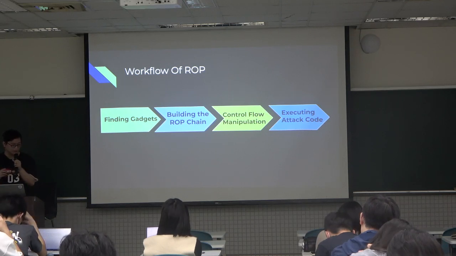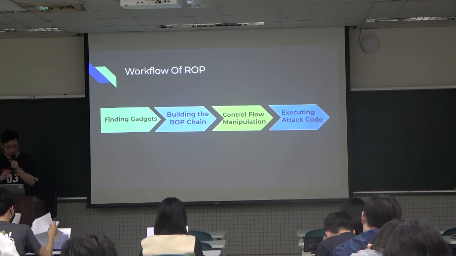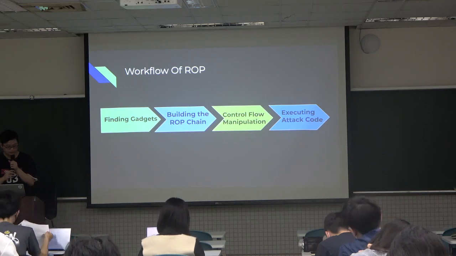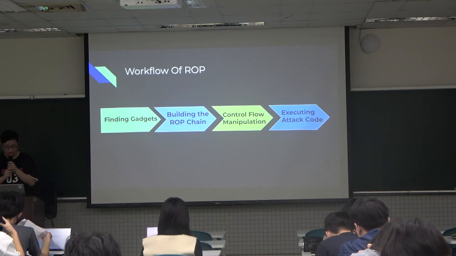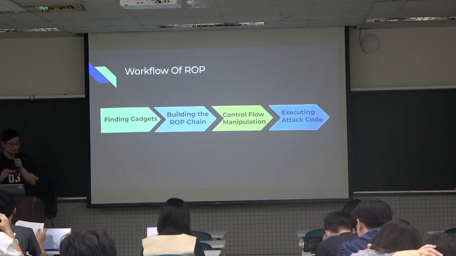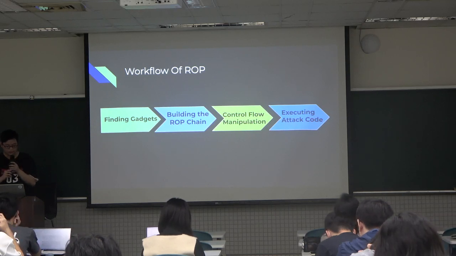Every address in this chain performs a simple task, such as modifying register values or transferring control to the next gadget on the stack. And the goal of the ROP chain is to modify the program's control flow.